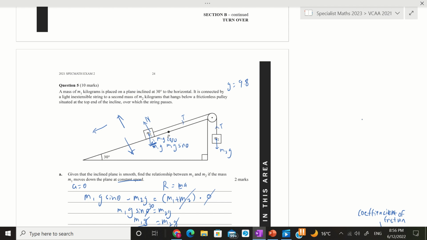The normal force that acts on the mass m1 is balanced by this other force here that I've labeled m1g cosine theta. So the reason why the mass doesn't move off the plane is because the normal force n is completely balanced by the perpendicular component of the weight force, which is m1g cosine theta. Cool. So that's what we have.